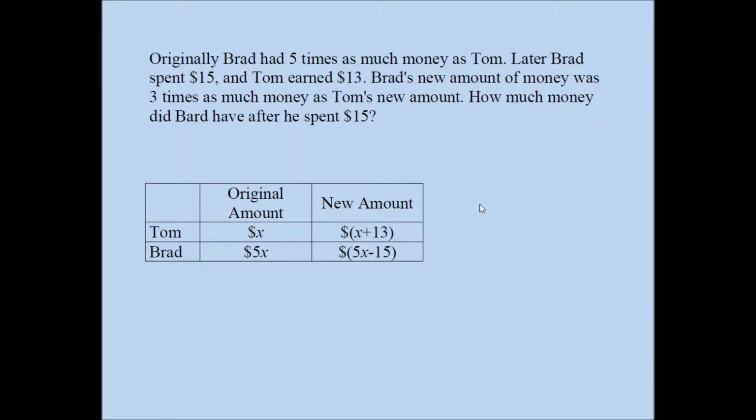So what we just said is this, that this amount, 5x minus 15, must equal 3 times x plus 13. Why? Because Brad's new amount is 3 times Tom's new amount. So let's go ahead and write our equation.